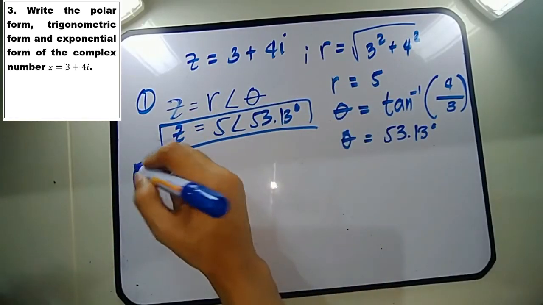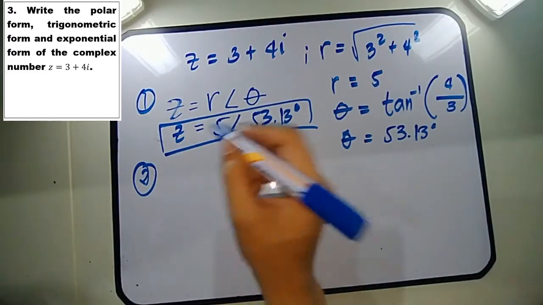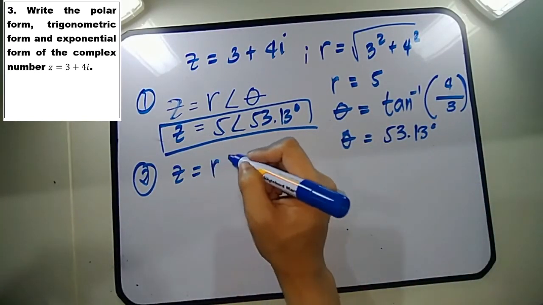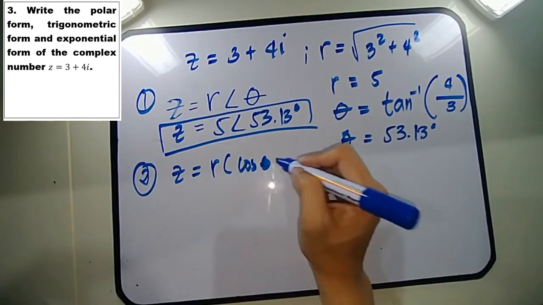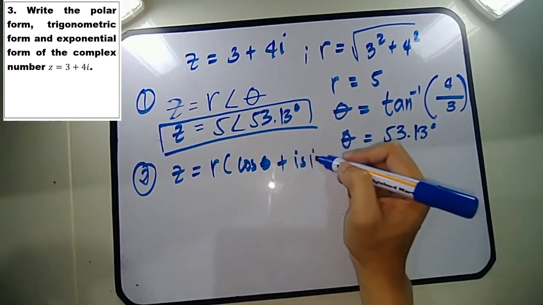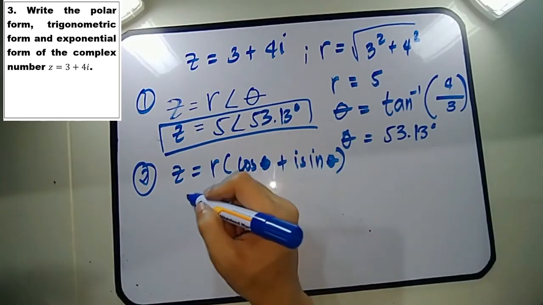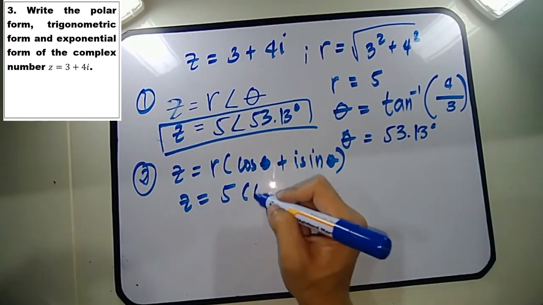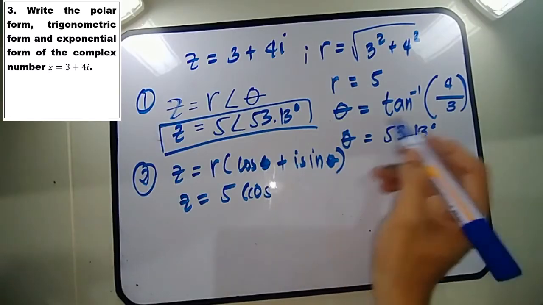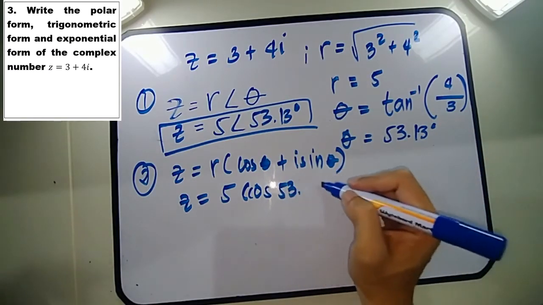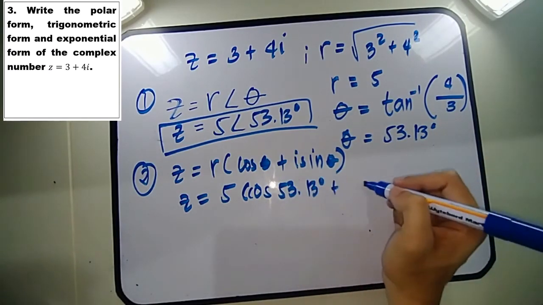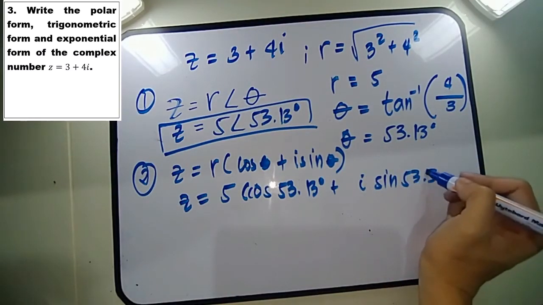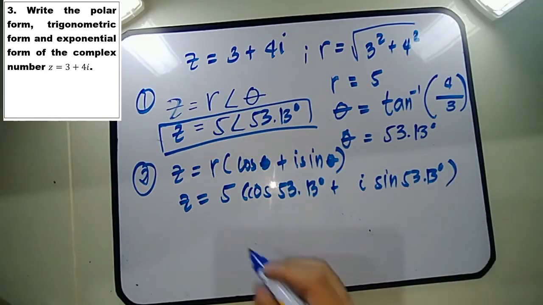Then next is our trigonometric form. The form is z equals r (cosine theta plus i sine theta). So z equals 5 (cosine 53.13 degrees plus i sine 53.13 degrees).